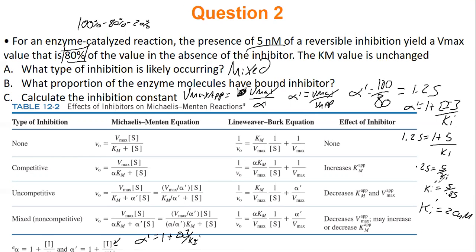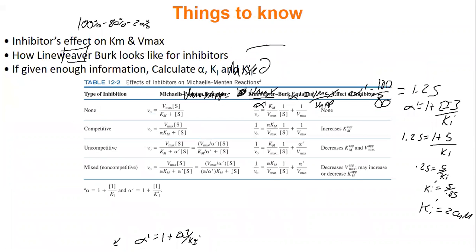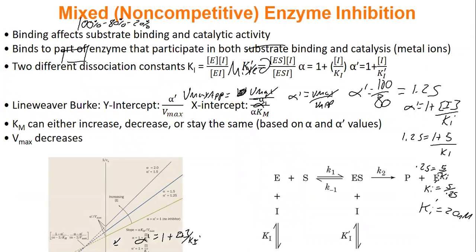So just a recap, the first thing I did was find alpha prime. And I did that by saying Vmax apparent equals Vmax divided by alpha prime. And the way I got that relationship is if we just go back here.